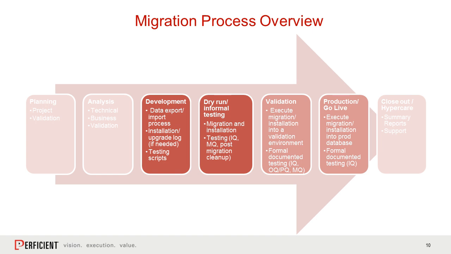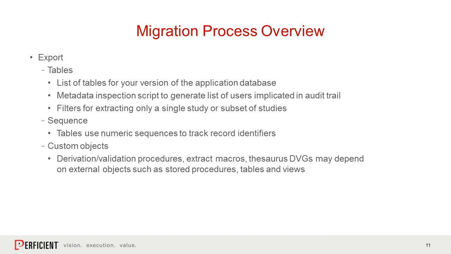The process that you do during the development phase will end up repeated in validation and production. So if you understand the process we do in development, you'll understand how it's going to be repeated in validation and production. Okay. So let's talk about each piece that's involved in the technical process that I outlined in the previous slide.